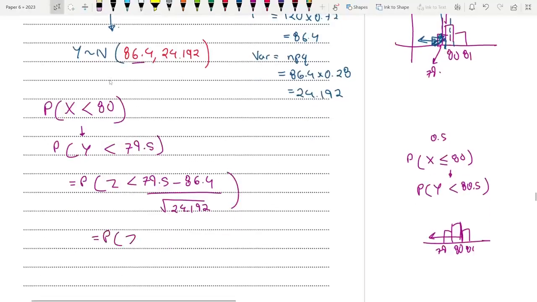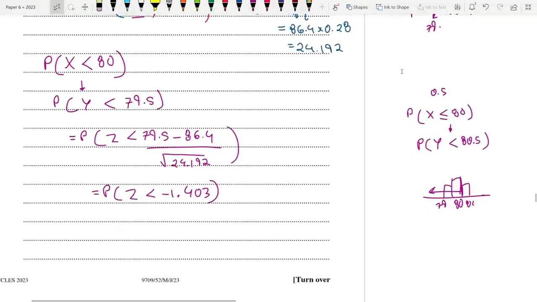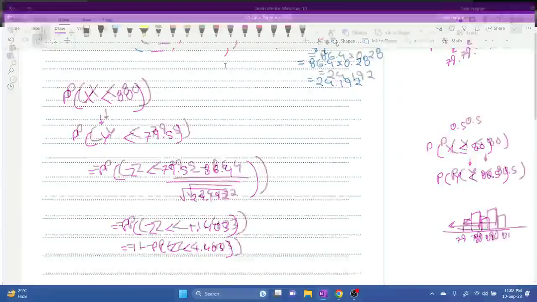We end up with P(Z < minus 1.403). Always remember 3 decimal places or else it won't match. Now this can be written as 1 minus P(Z < 1.403). Let's just go to the table.